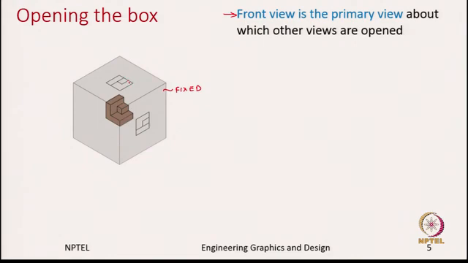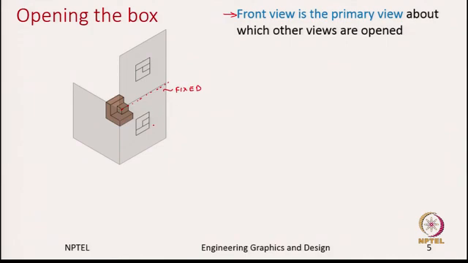Now, the top view we have captured needs to be opened. How do we open it? We open it about the edge which matches the frontal plane and the top plane. So, about this edge I will rotate it. If you look, we are gradually opening this top view. Since we captured this top view on the horizontal plane, we are rotating that plane so that finally it is in line with the front view.